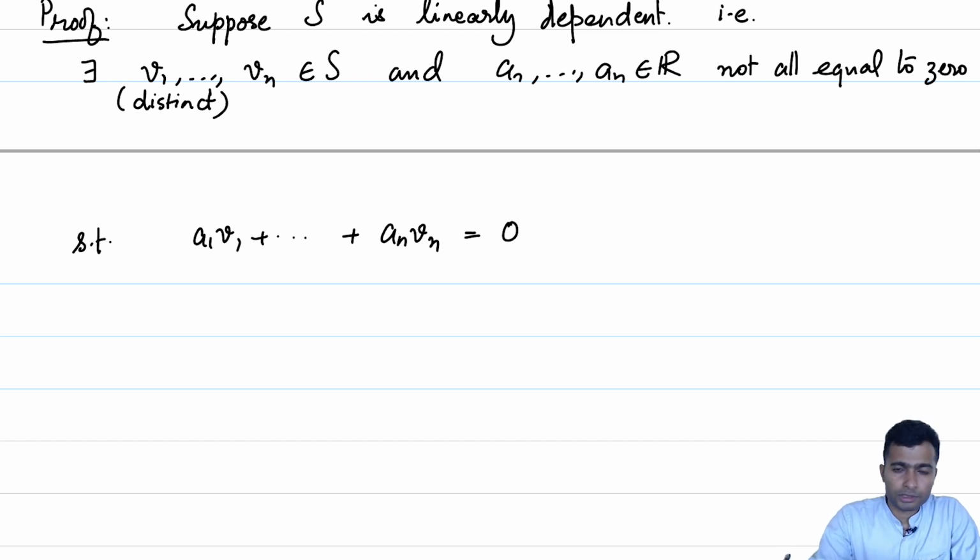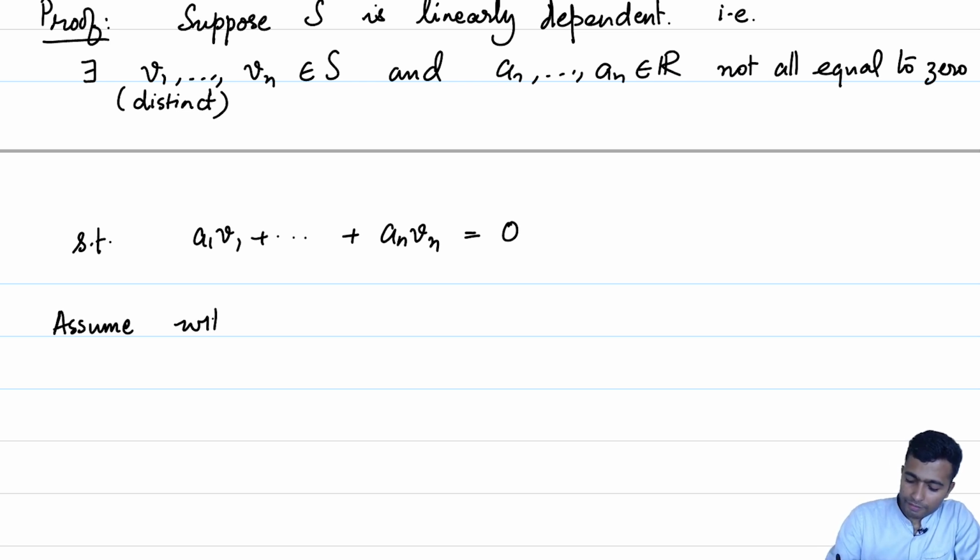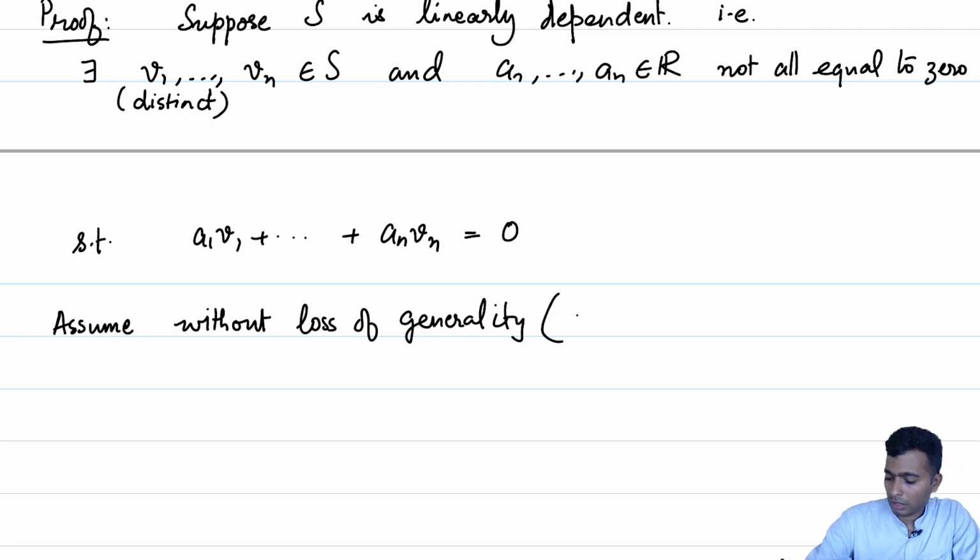So, one of the ai's is not 0. After renumbering the vi's and ai's, assume without loss of generality that a1 is not equal to 0.